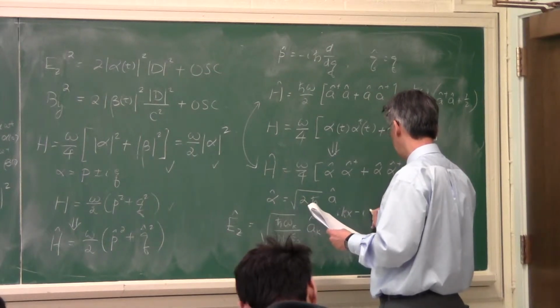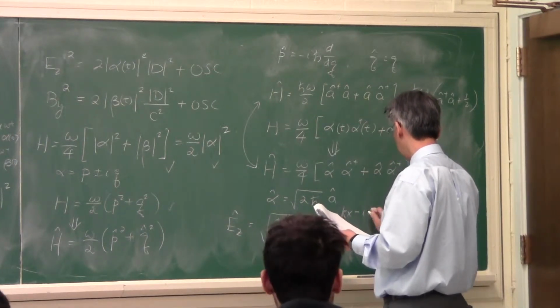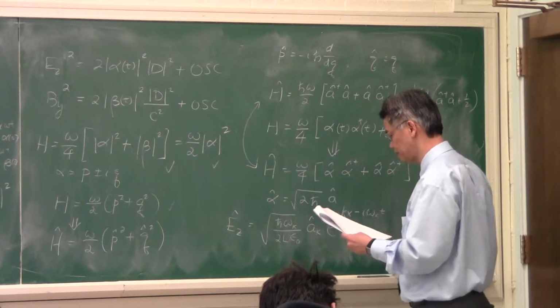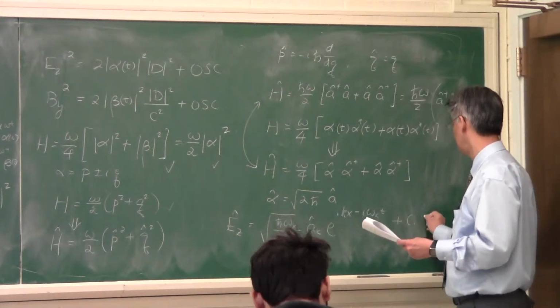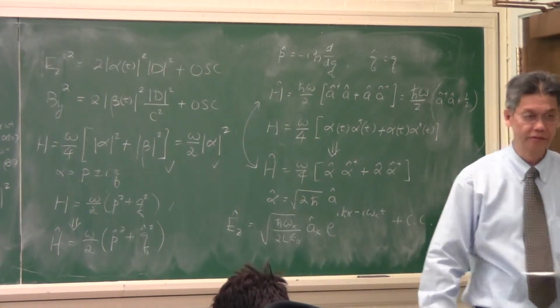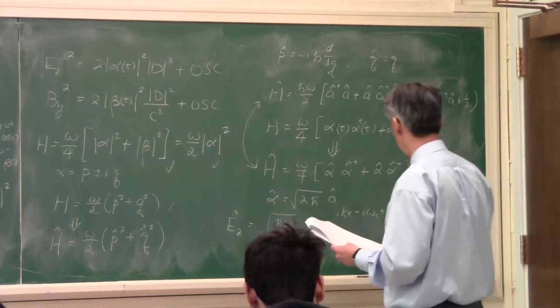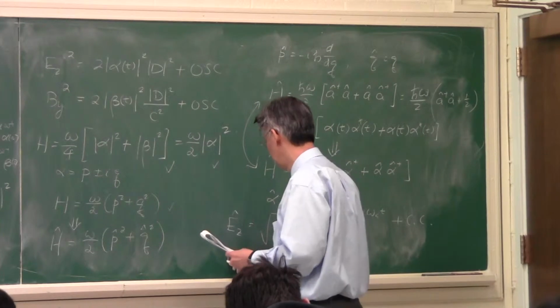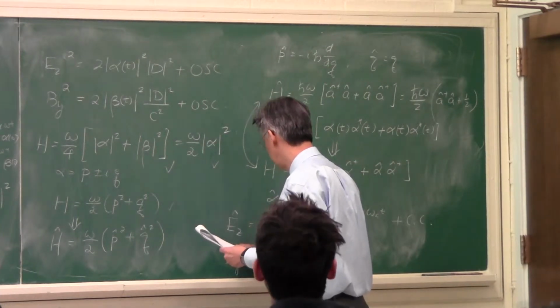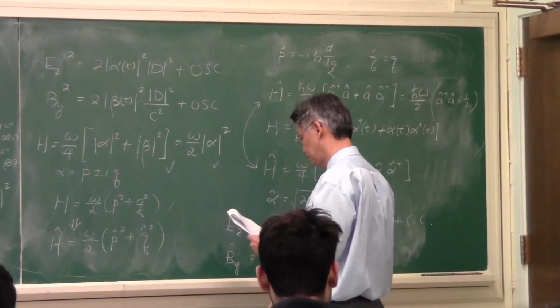And then you can convert this into the Heisenberg picture and put the time dependence out explicitly as well, plus its complex conjugate. So the field now becomes an operator. And then you can write down the magnetic field as well. Okay, the magnetic field now also becomes an operator.